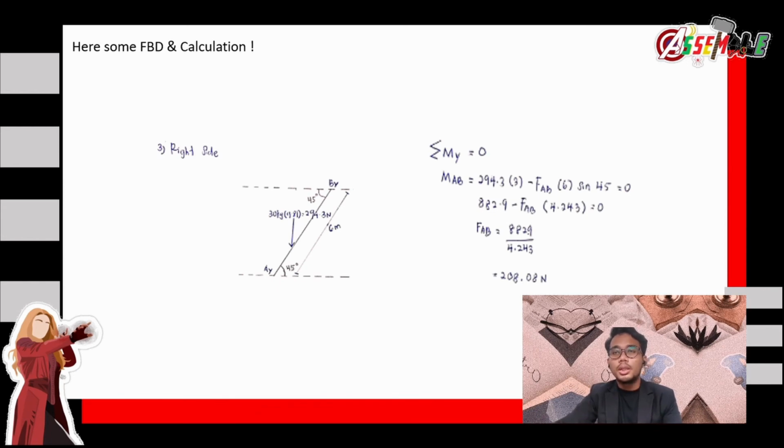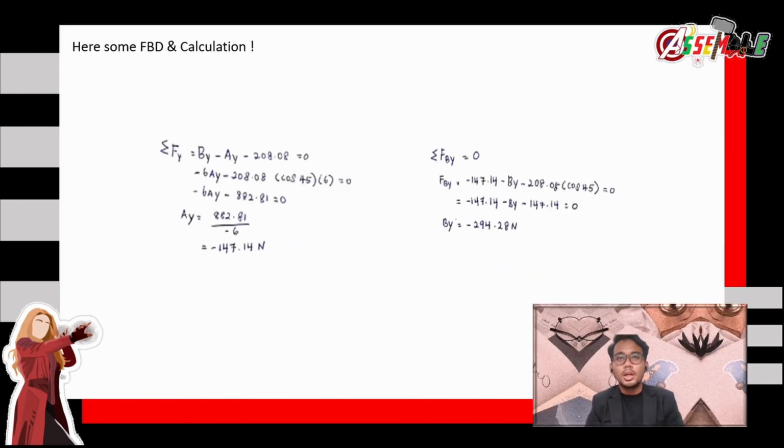So we just transfer to make it 882.9 divided by 4.243, so we got the answer 208.8 Newton. Okay, then we go through the force.